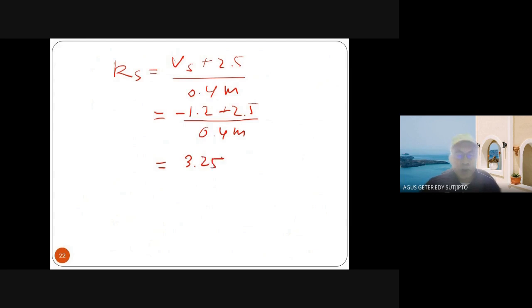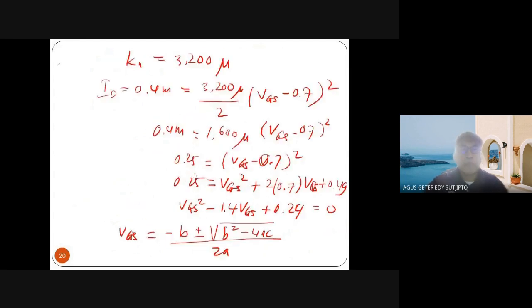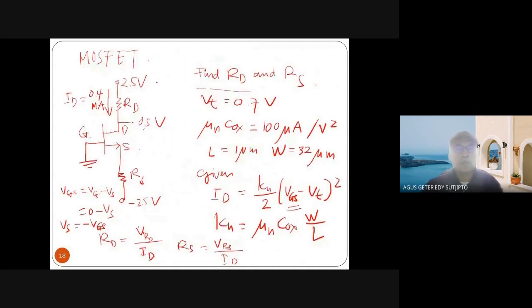So this equals (minus 1.2 plus 2.5) over 0.4 milli, which equals 3.25 kilo ohm. So now we can solve: RD is 5 kilo ohm, and RS is 3.25 kilo ohm. This solves the problem.